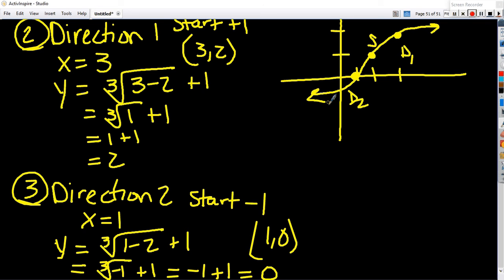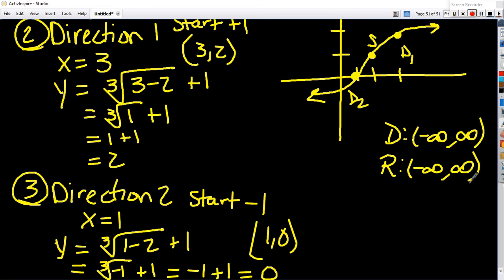Does that make sense? It is the same thing, it just one to the left also. What's the domain here? Absolutely. Good job, Tyshawn. What's the range? Negative infinity, positive infinity.